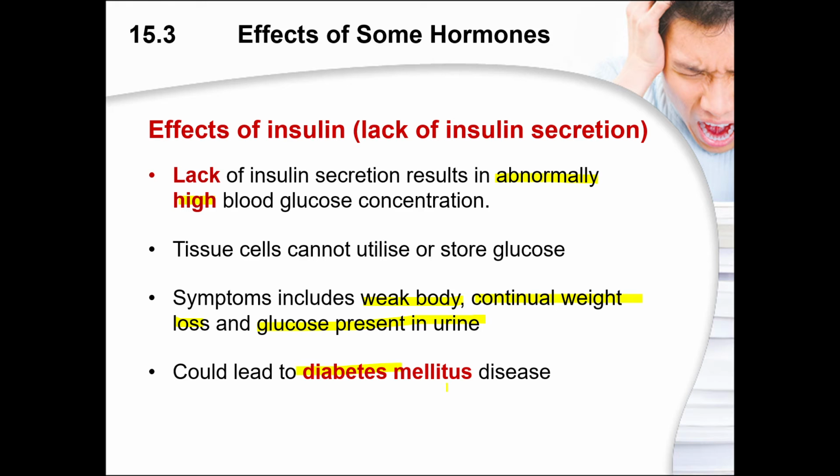So these type 1 diabetes patients have to bring with them insulin medication with them everywhere they go. So they give themselves insulin jabs before they eat, to help them convert whatever glucose that they consume into glycogen.